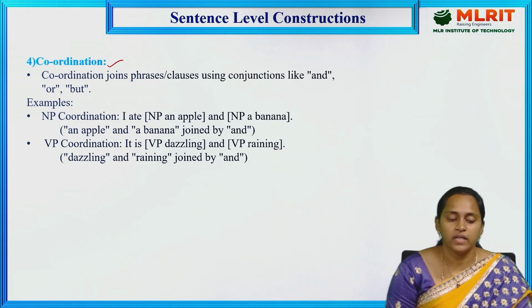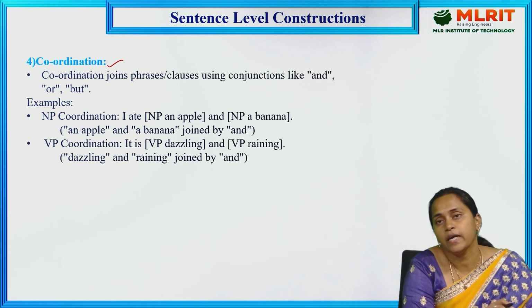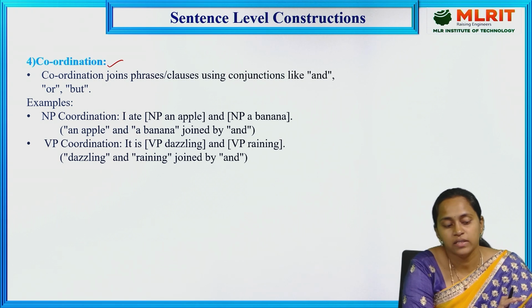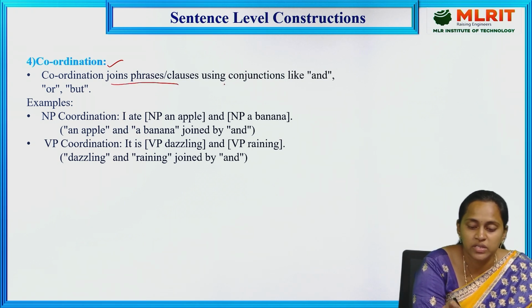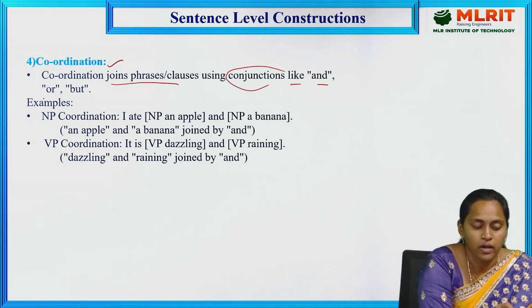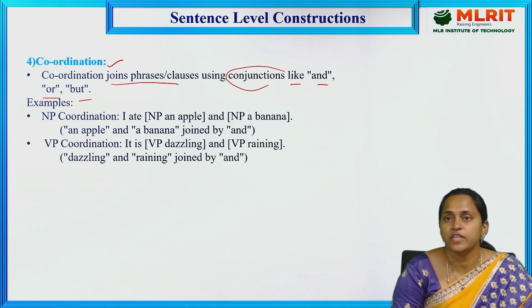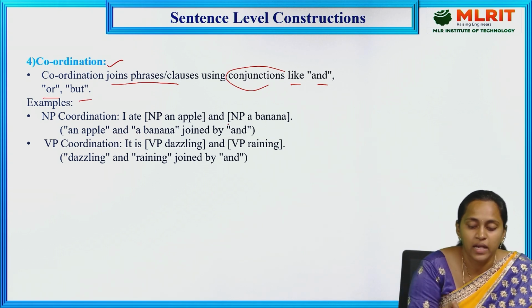Next, coordination. What is the meaning of coordination? Whenever we are joining two sentences or phrases, it is called coordination. Coordination joins phrases using conjunctions like and, or, but. See the example: I ate apple and banana.